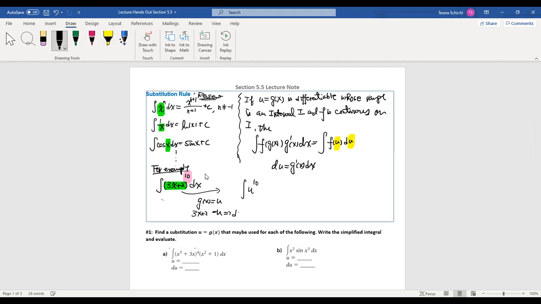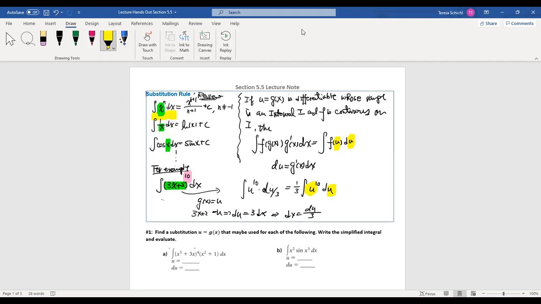So dx is equal to du over 3. If you move the 3 out, this will be one third of the integral of u to the 10th du. Now this one is only u and du, so I can apply the fundamental formula we learned from antiderivatives.